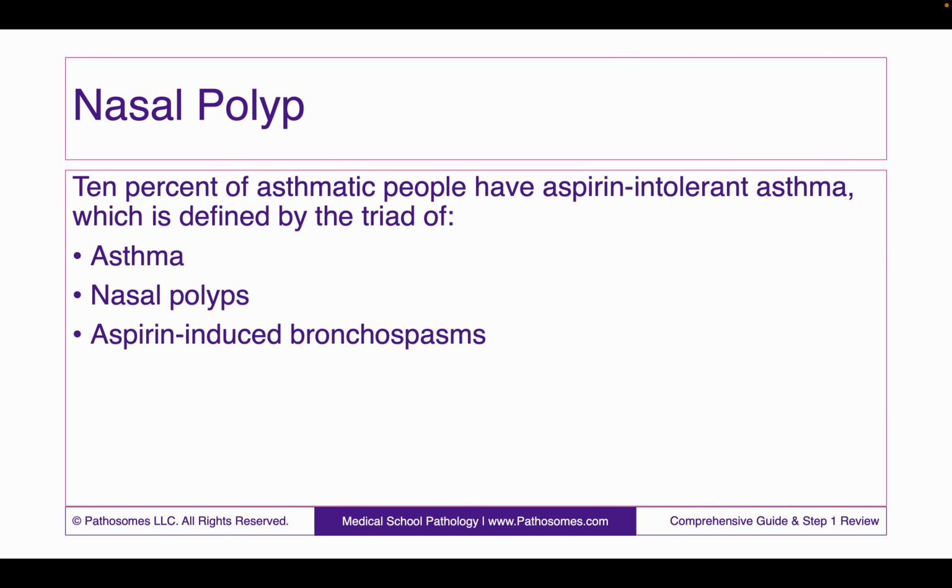Now, regarding nasal polyps, 10% of asthmatic people have aspirin-intolerant asthma, which is defined by the triad of asthma, nasal polyps, and aspirin-induced bronchospasms.